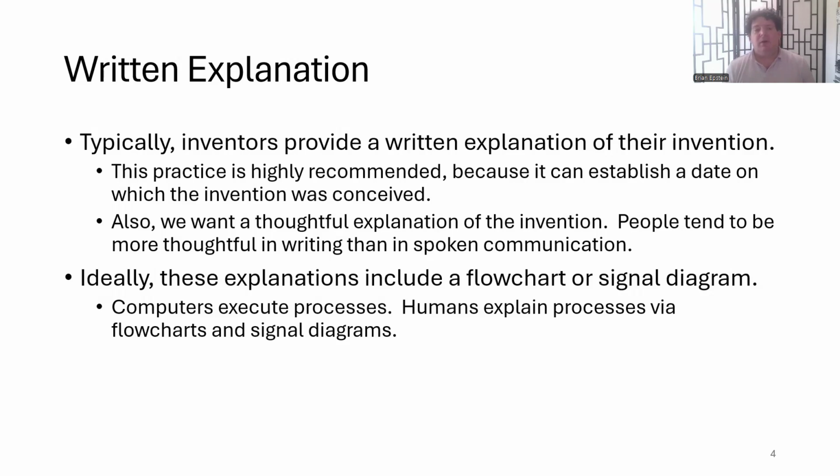And therefore, ideally, these explanations include a flowchart or signal diagram. Why? Well, computers execute processes and humans explain processes via flowcharts and signal diagrams. To be honest, it's really difficult for me to understand a typical Japanese software patent application that only shows the flow of data via modules.